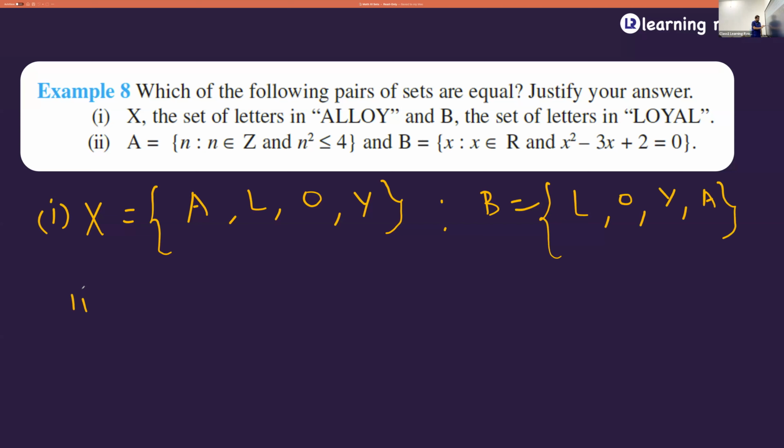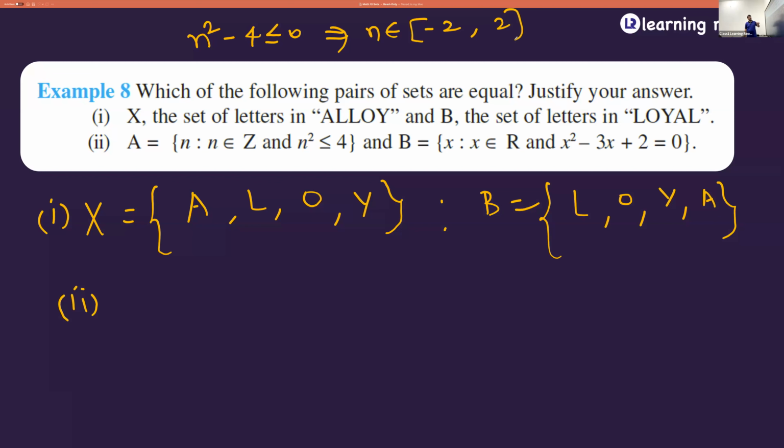So 1, 2. A is such that A is equal to {N such that N belongs to Z and N square is less than or equal to 4}. So answer. N square minus 4 is less than or equal to 0 implies N belongs to minus 2 to plus 2.